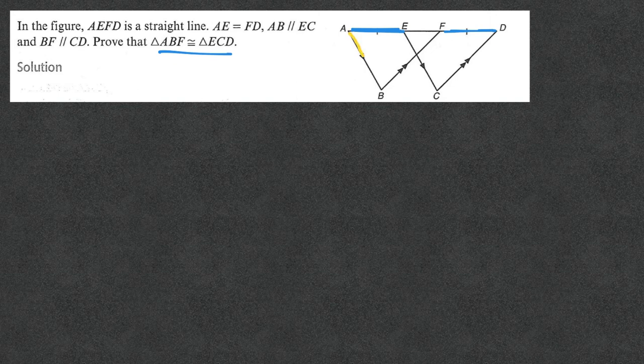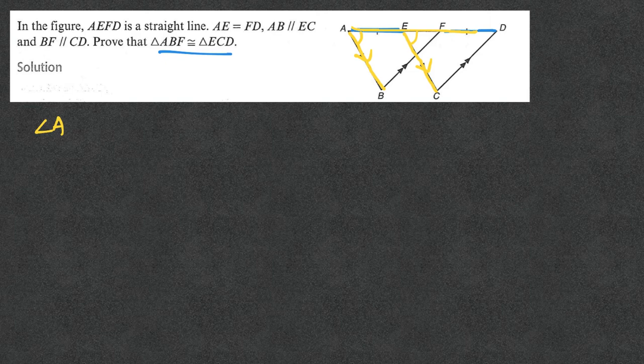For example, when you see AB is parallel to CE, now I color in yellow, and you will see that you can find corresponding angles here. So at first you can see the angle A and angle E are equal to each other.